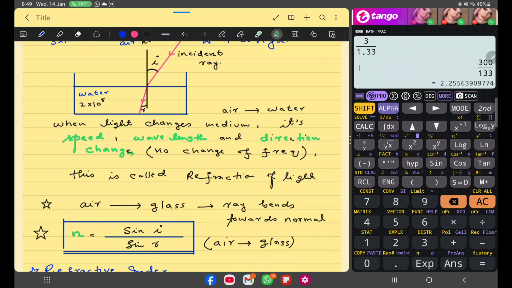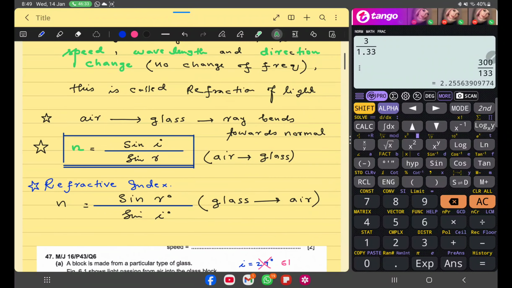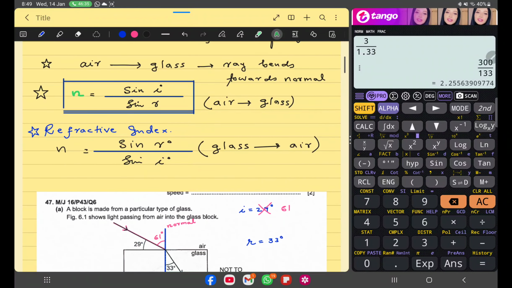But remember, frequency never changes. Then you should memorize these formulas. If the light is traveling from air into glass, then the formula is sin I upon sin R. If the light is traveling from glass into air, then the formula is sin R upon sin I.